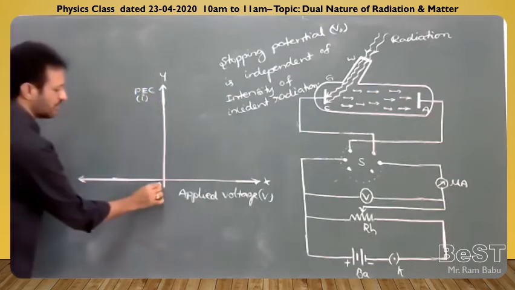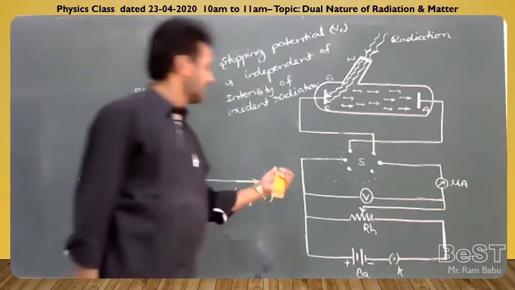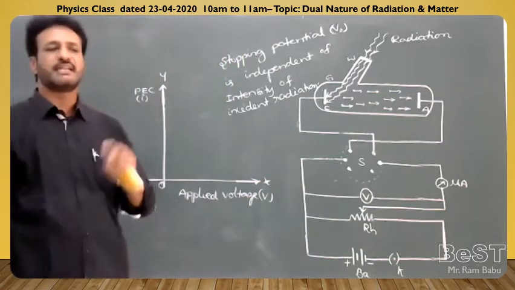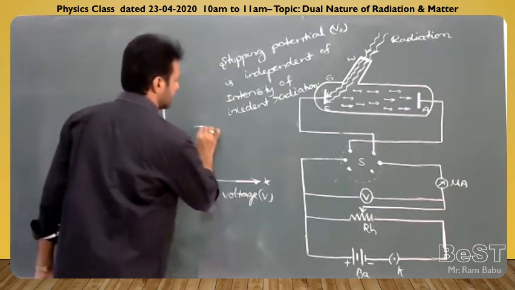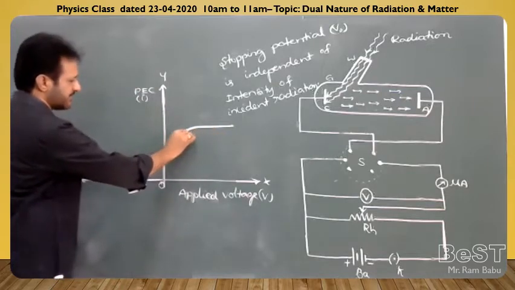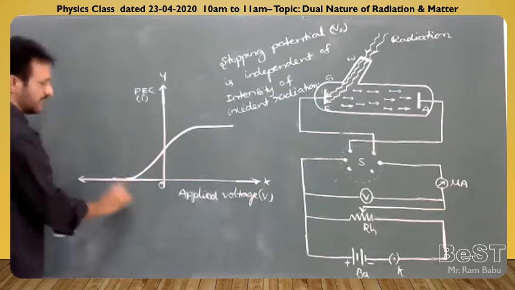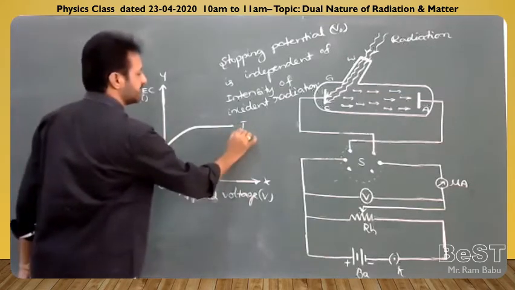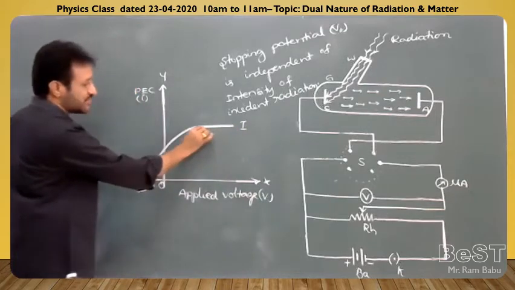So it is the origin. Now first in this case, I'll keep the intensity of the light constant, and I'll draw the graph for a particular frequency of the light, nu 1. Here the intensity of the light is I, and this current can be called saturation current.